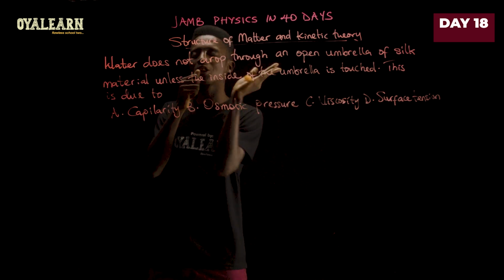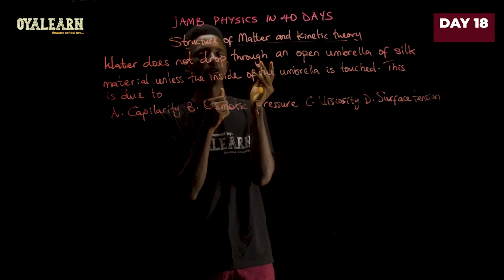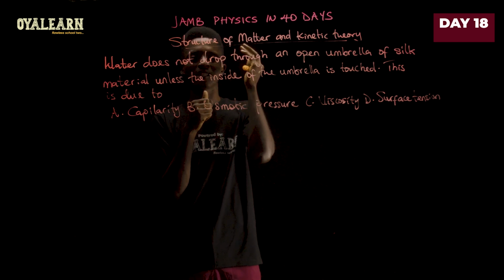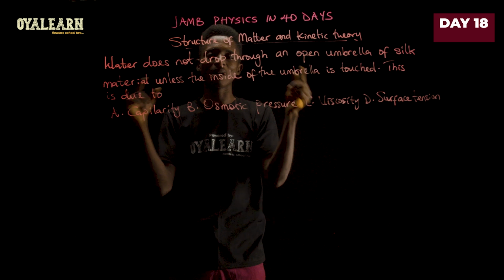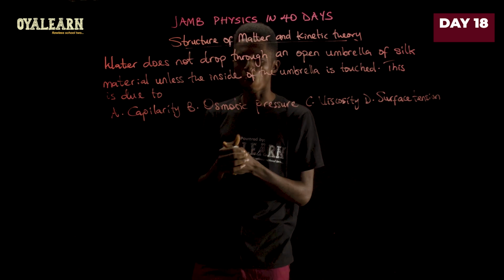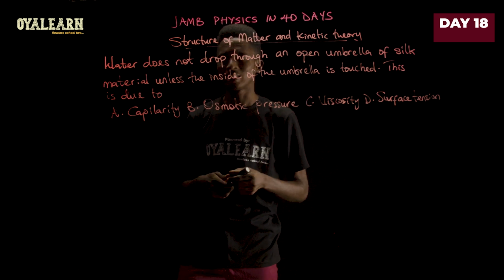Now, the moment you touch the inside of the umbrella, you are disturbing the surface tension. And the moment you disturb that surface tension, it will then cause that water drop to be able to seep through the material of the umbrella. So the answer in this case is surface tension.